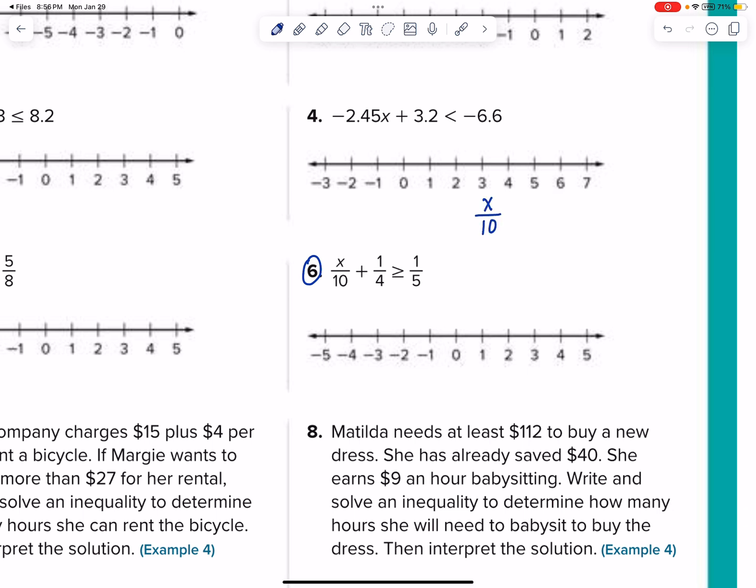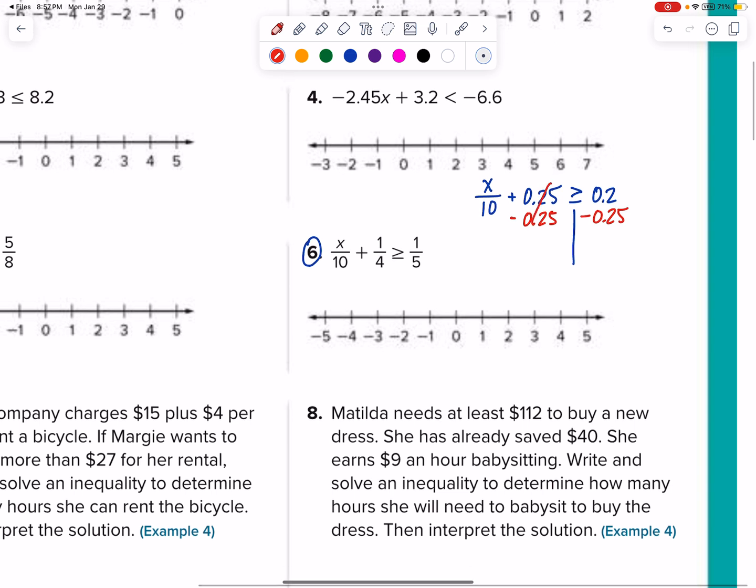So x divided by 10 plus 0.25, which is 1/4, is greater than or equal to, and remember 1/5, from your fraction decimal chart, is 0.2. Now we can treat everything as decimals. We subtract 0.25 from both sides. Let's write what's left over. We have x divided by 10 is greater than or equal to 0.2 minus 0.25.